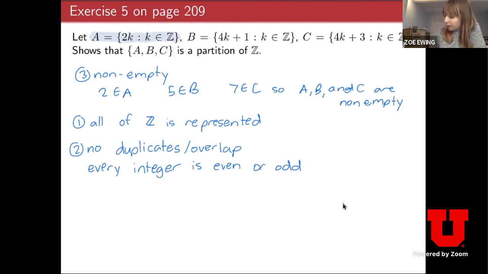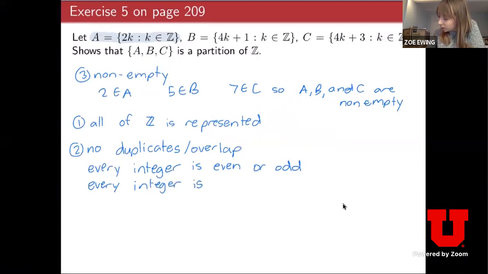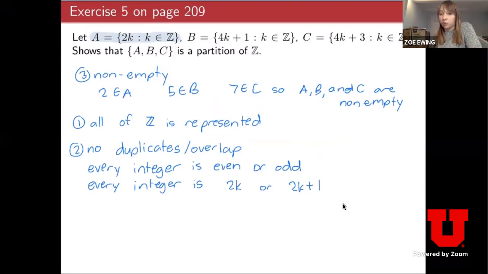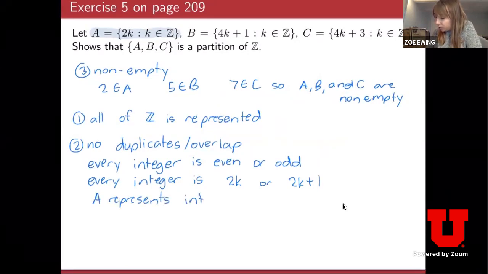So every integer is either 2k or 2k plus 1. So every integer is going to be in one of those forms. A represents everything that's in 2k. A represents integers of the form 2k.